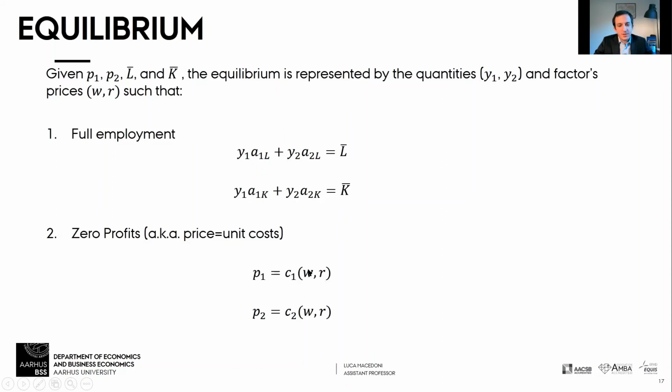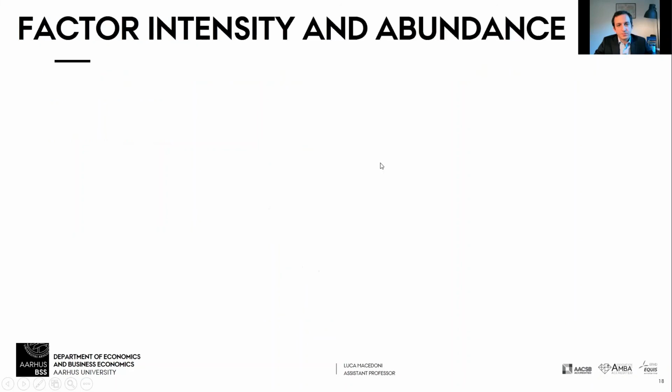And then given the wage and the rental on capital, you can find the unit cost and therefore the unit requirements for labor and capital in the two sectors. And then by solving the first system of equations, you can find the output for good 1 and good 2. Okay, now that is the equilibrium.